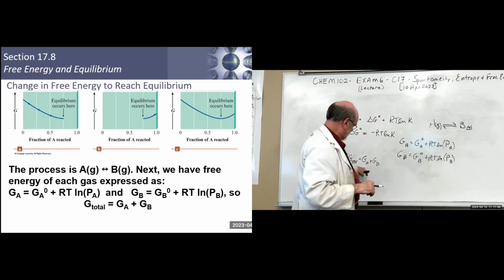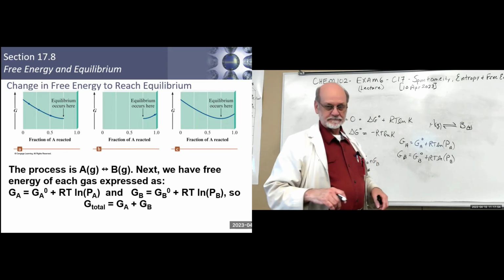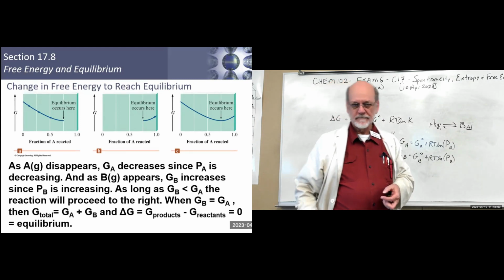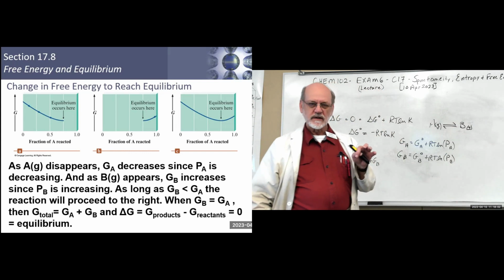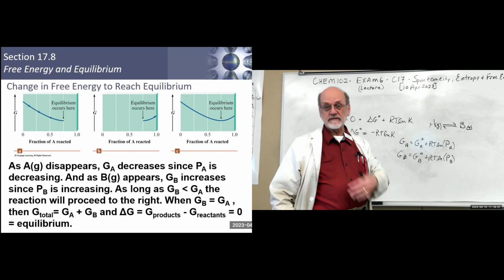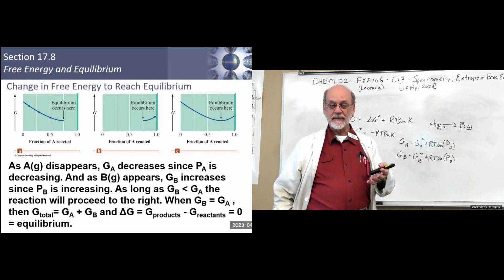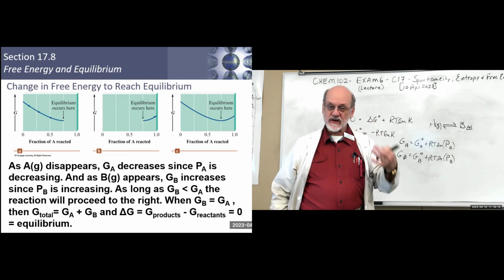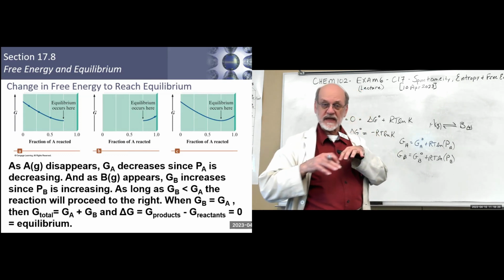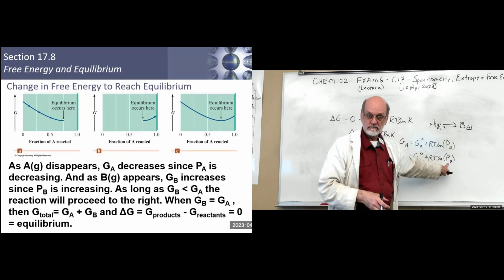So as A disappears, the Gibbs free energy of A decreases, right? Because it's not there anymore. And the partial pressure of A decreases, right? So the Gibbs free energy of A is decreasing as the reaction proceeds. As B appears, the Gibbs free energy for B increases because now we have some partial pressure for the B.